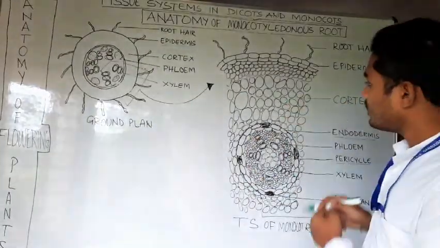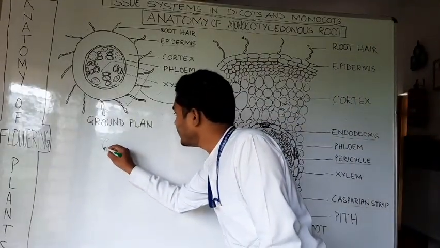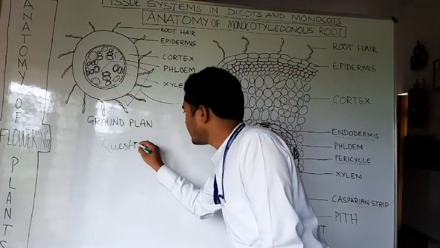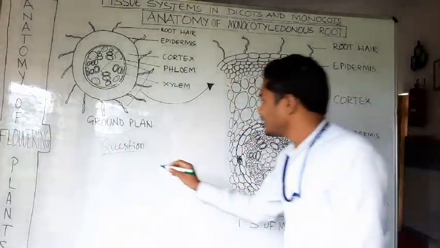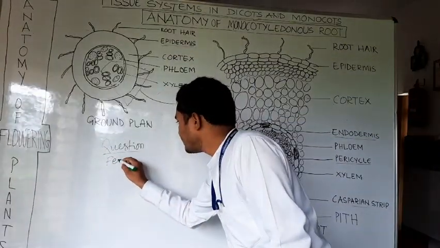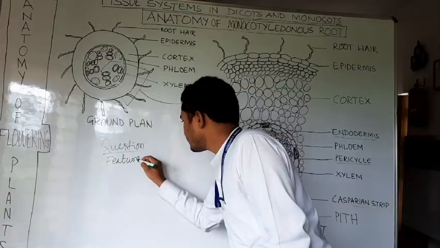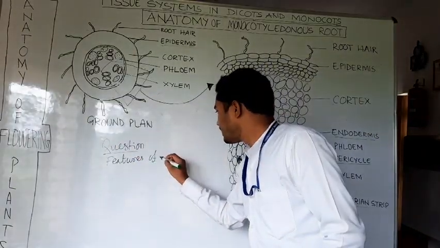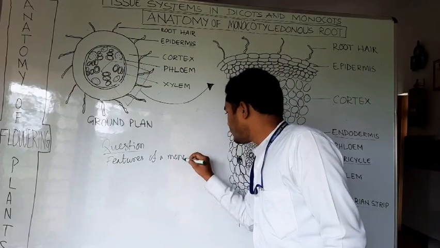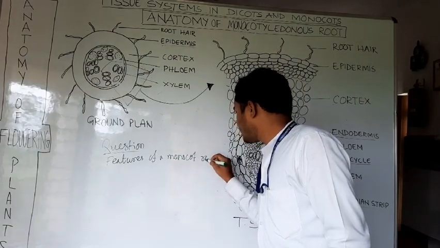So let's look at a question and how we can write the answer. Features of a monocot root, so here features means anatomical features of a monocot root.